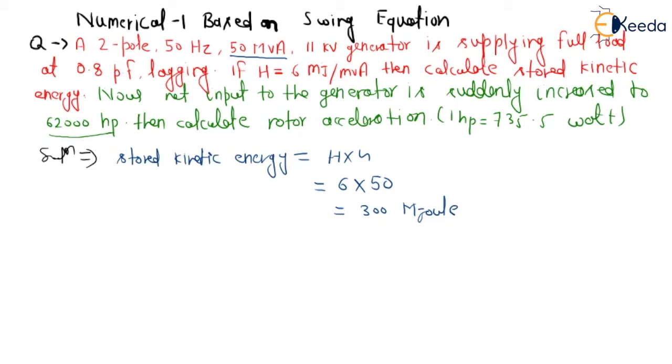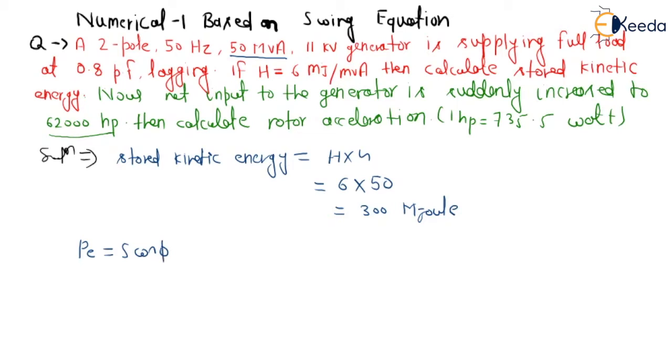Now the net input to the generator is suddenly increased to 62,000 HP. Then calculate rotor acceleration. So we have to understand the situation before the mechanical input increased to 62,000 HP. Initially PE will be equal to S cos phi.